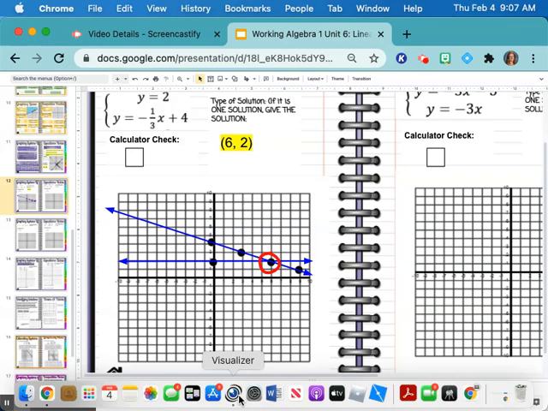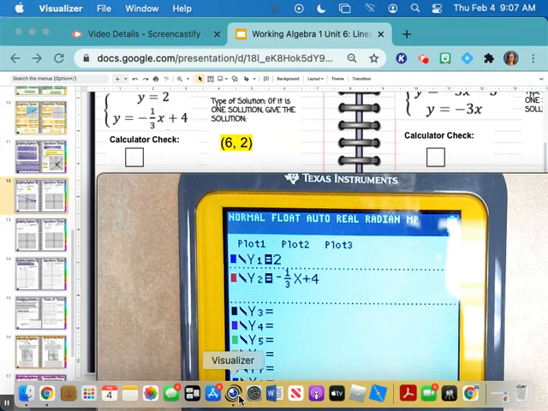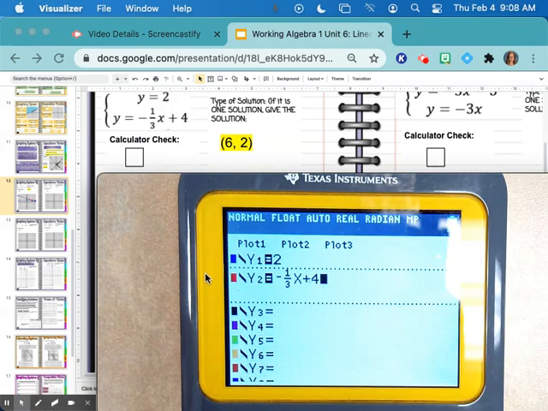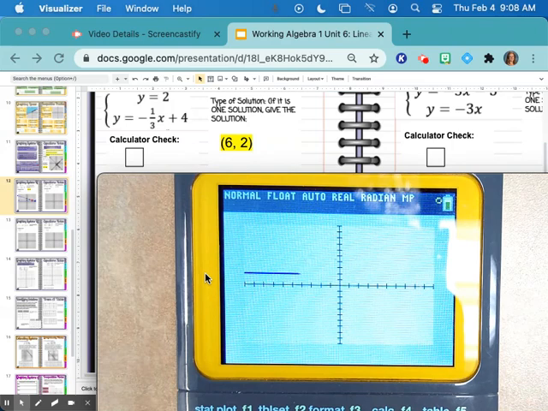Go ahead and go to y equals and put them in. And we just want to make sure it really is 6, 2.